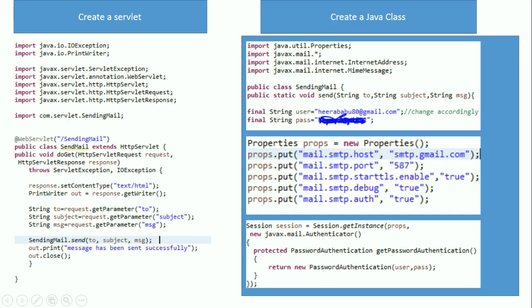Always use getInstance, not getDefault, because getting the default session may give you an error. We pass the properties object we created, and at runtime we create a javax.mail.Authenticator, in which we pass both username and password as a return type, using the protected method getPasswordAuthentication. Overall, you need to create a SendMail class with a static method so that I can call SendMail.send, and in the send method we pass these three values.